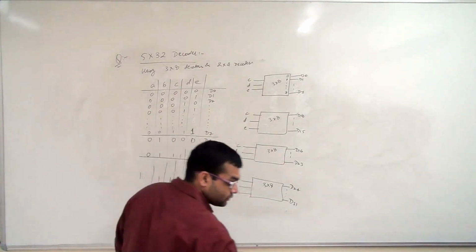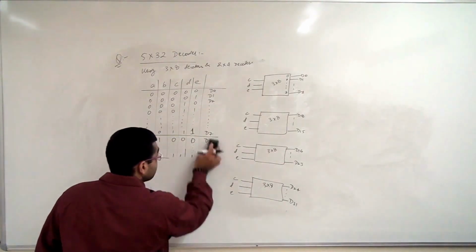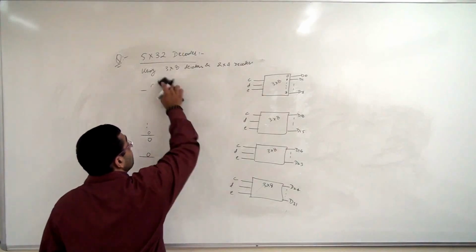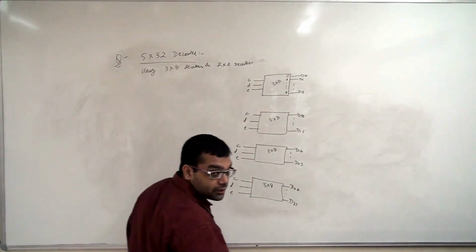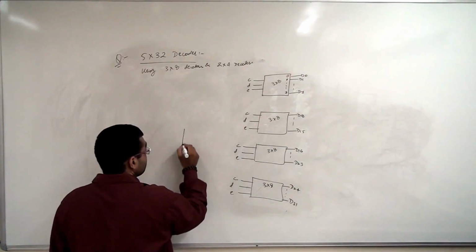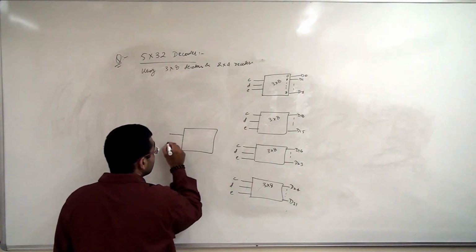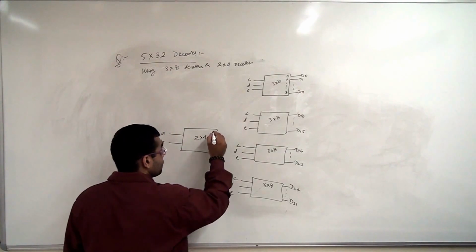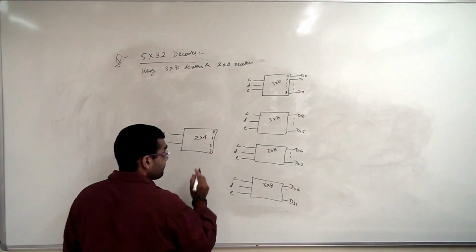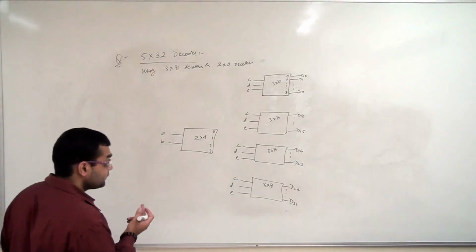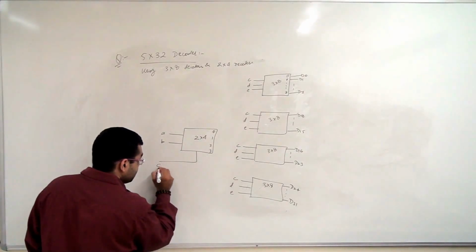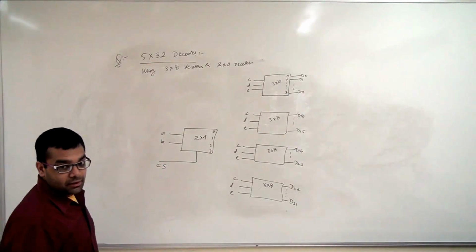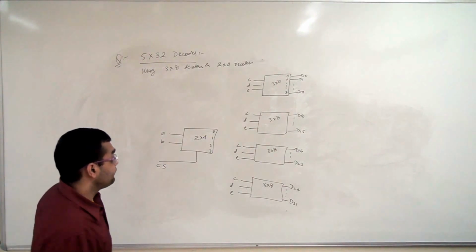Now our A and B will be forming the inputs to a 2x4 decoder whose outputs, referring to the first partition, we had this decoder will be having the chip select as the input signal or the control signal.